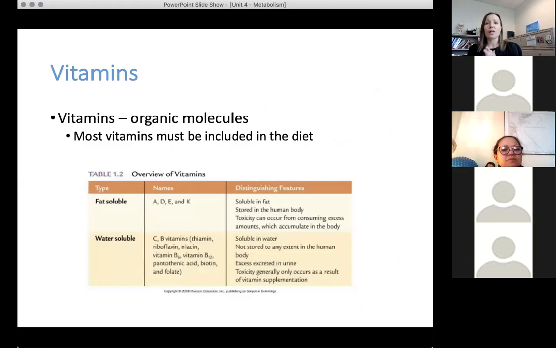There are water-soluble vitamins and there are fat-soluble vitamins. The water-soluble vitamins you can see on the PowerPoint are vitamin C, and then the B vitamins. The fact that they're water soluble means that they are absorbed along with water in the digestive tract.